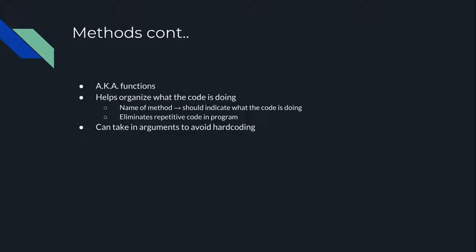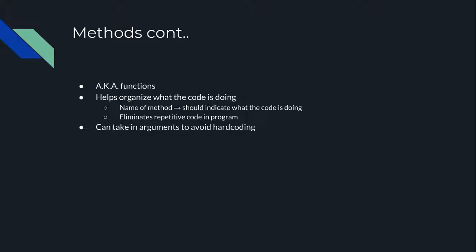The whole reason why we want to use methods, as I've mentioned before, is so that we can organize our code. One key idea is that the name of the method should indicate what the code is actually doing. Even without looking at exactly what the function is doing, just looking at the name, you'll be able to tell its functionality. Methods also help us eliminate repetitive coding in our program.